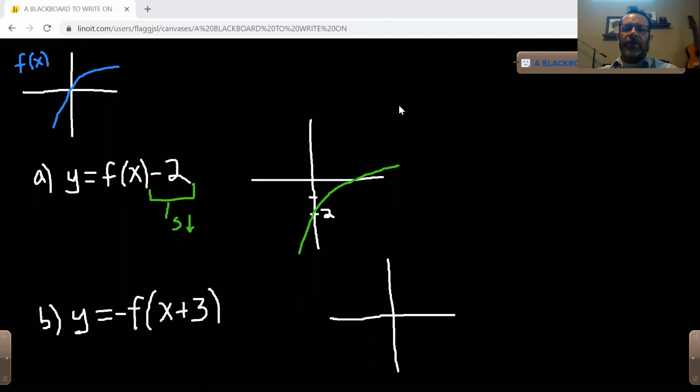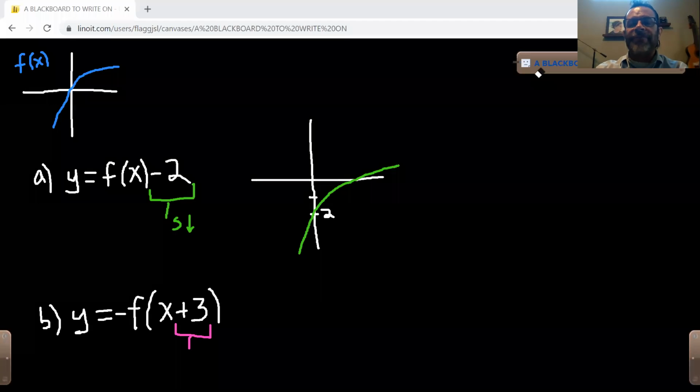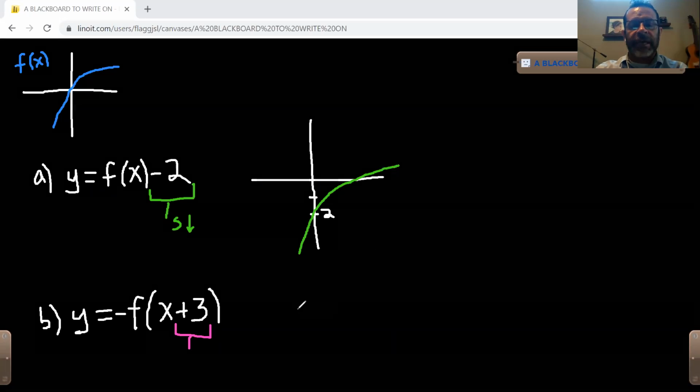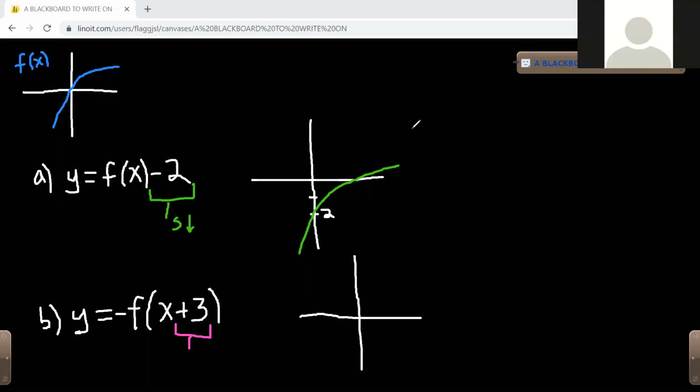So 2 things are happening here. The first thing is that we've got minus f of x plus 3. We've got an x plus 3 here. Now notice something. Remember when I've been mentioning the inside and the outside. Notice that the plus 3 is inside the function. So if it's inside the function, what effect do we have there? It's to the left.